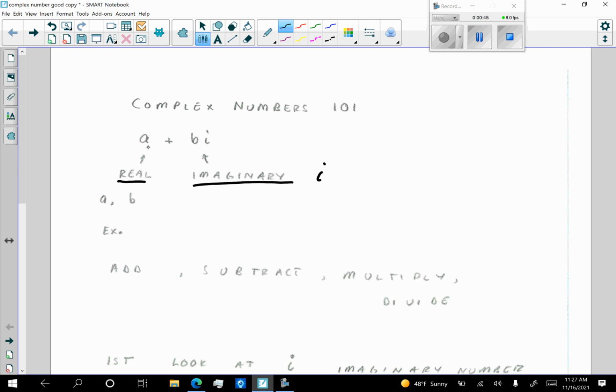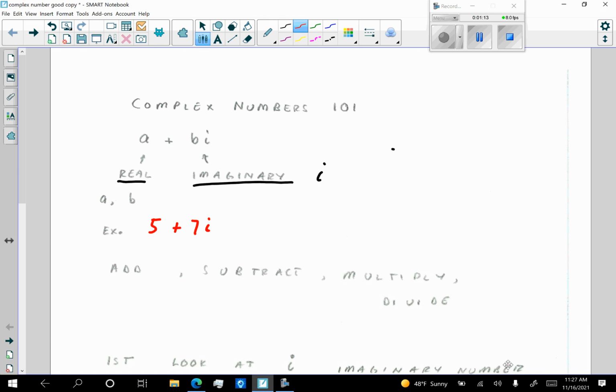A complex number is the sum of a real number and an imaginary part, a plus bi. Here's an example of a complex number, 5 plus 7i. Now 5 and 7 are real numbers. 5 is the real part of this complex number, and 7i is the imaginary part. We'll talk more about i here in a little bit.